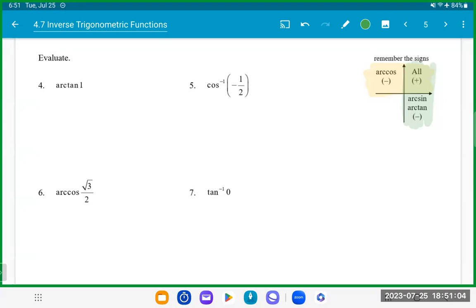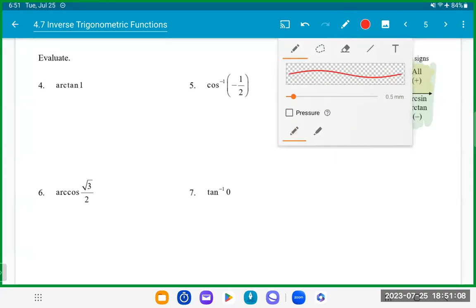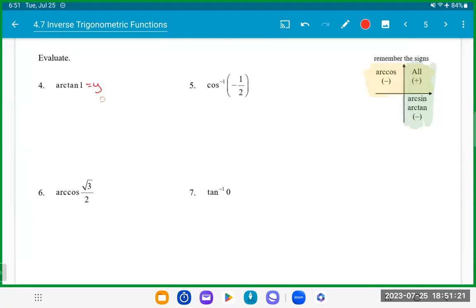All right, so let's go ahead and look at a couple of examples of these then. The first one, we're looking at the arctangent of 1. So we're just saying that equals y, right? If I take the tangent of both sides, that's going to go away.